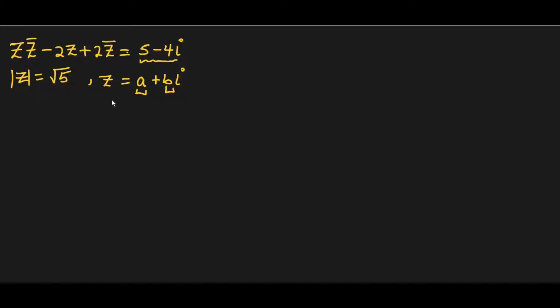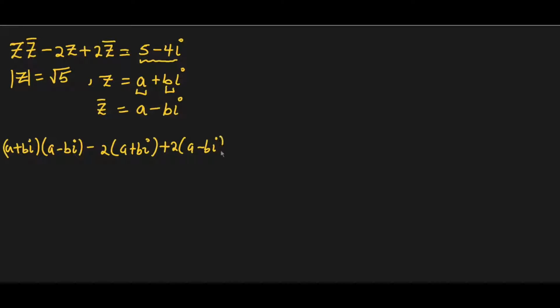Then the z conjugate, sometimes we use a bar or a star, is the complex number with an interchange of the sign, so this is going to be equal to a minus bi. So we can substitute for these two, which means we have (a plus bi) times (a minus bi), minus 2 times (a plus bi), plus 2 times (a minus bi), and this is equal to 5 minus 4i.